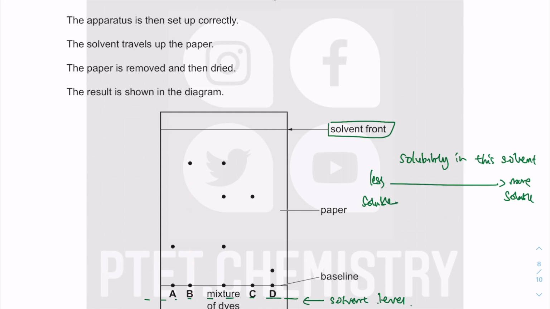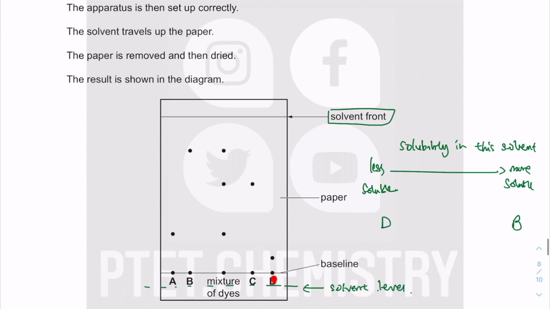In this case, B travels the furthest distance, so B must be the more soluble. D for dog travels the least distance in the same given time, so D must be not very soluble in this solvent. And after D, then A, then C has the next higher solubility.